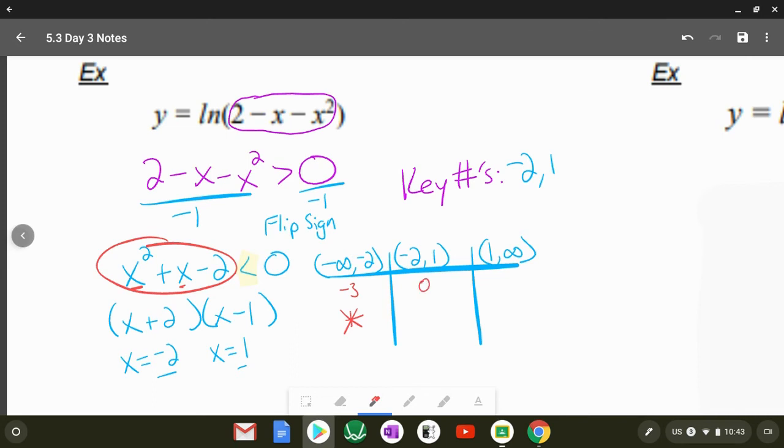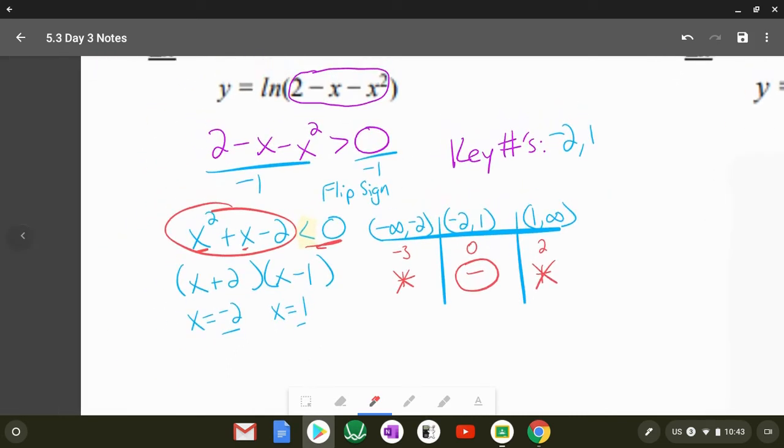That's the easiest one. 0 squared plus 0 minus 2 is a negative number. That is in my interval because I'm looking for a negative number. And then if I pick 2, 2 squared is 4, plus 2 is 6, minus 2 is 4. That's again another positive number. We don't want that. So the domain for this function, because we set the inside greater than 0, the domain is from -2 to 1.